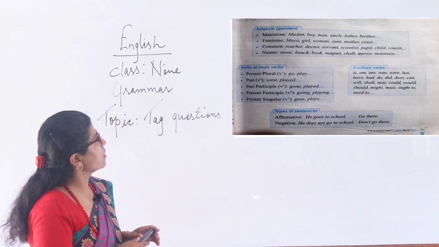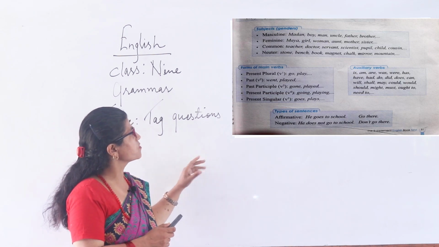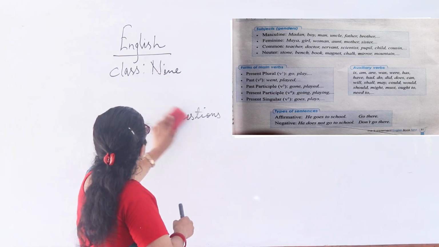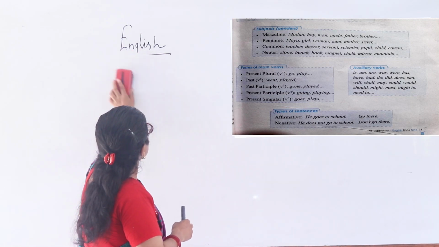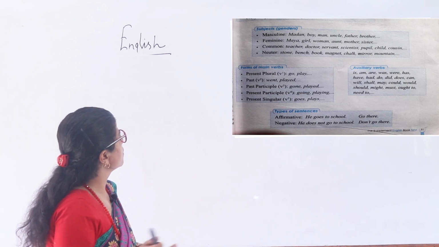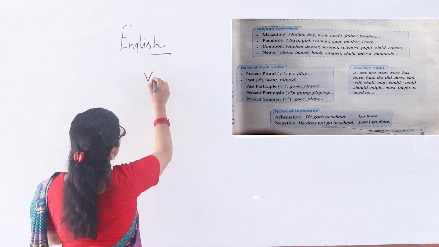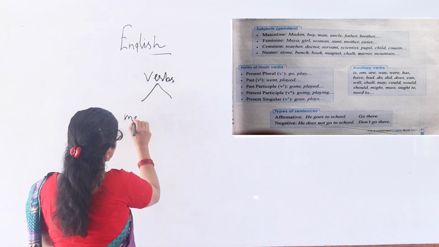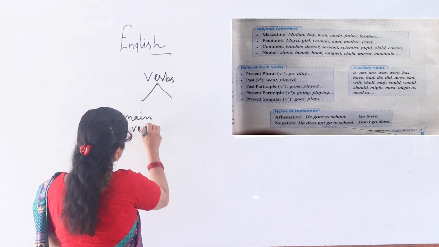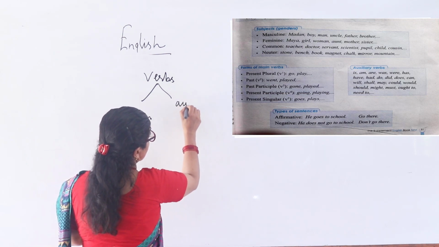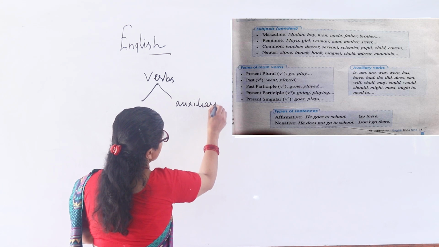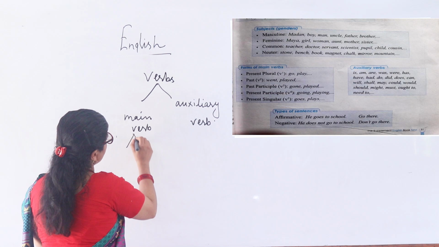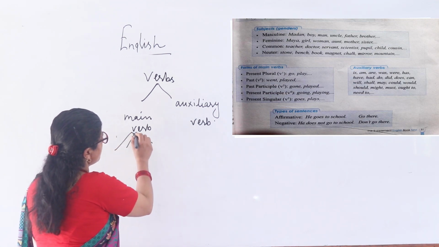Let's see another part, forms of main verbs. We can see the verb in different forms. Verb can be simply divided as main verb and another is auxiliary verb, and this main verb has also been divided into different parts.